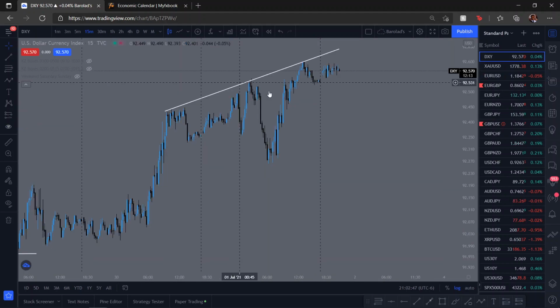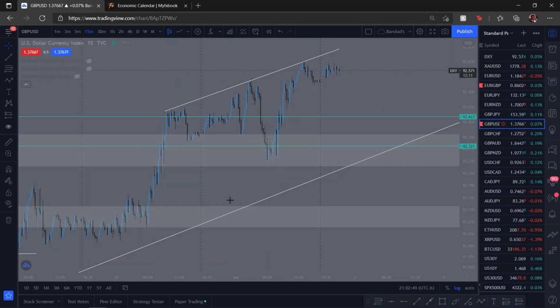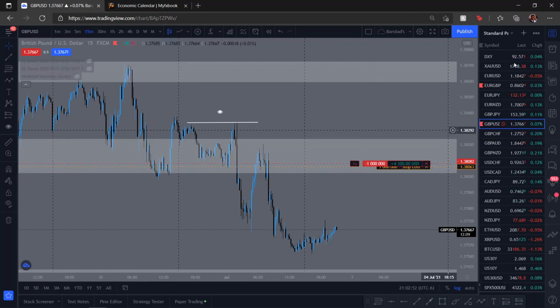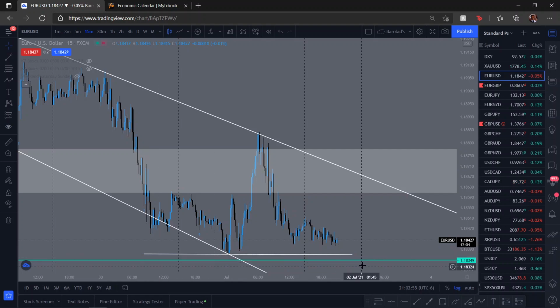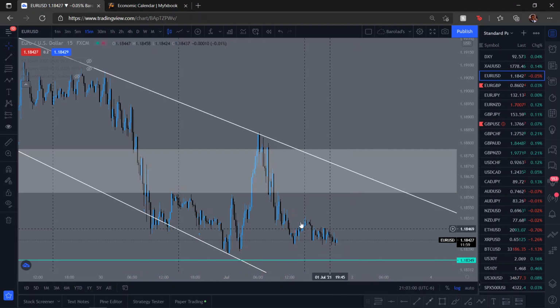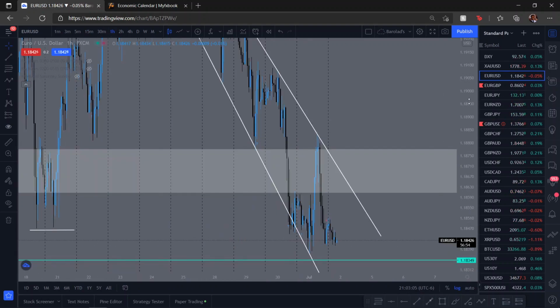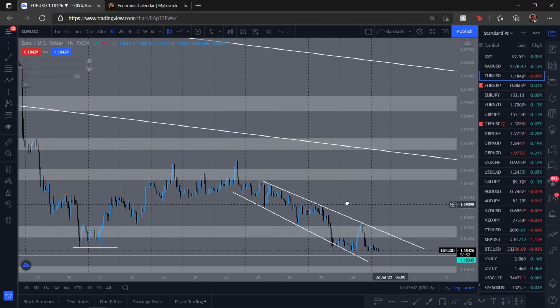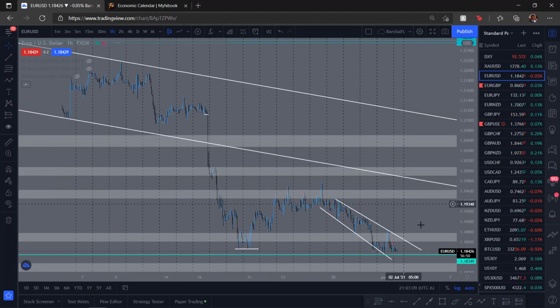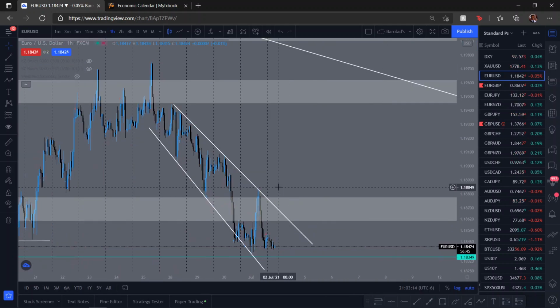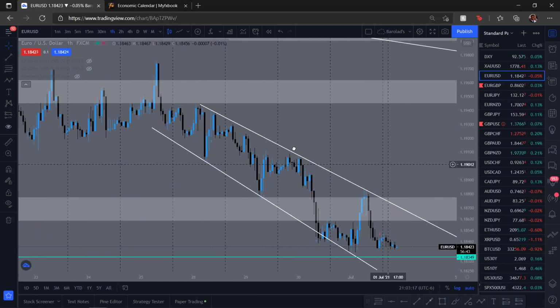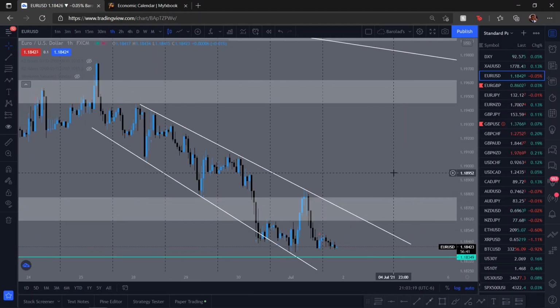So while the dollar is climbing higher, GBPUSD is trending lower, which is what it is supposed to be doing. EURUSD is staying the same, which means something is off in the market, which means we do have some sort of smart money divergence here, and we should look, if we're trading anything, to trade the euro dollar, because it is now clear to see that we might get a bullish run today later in the London session on the euro dollar.